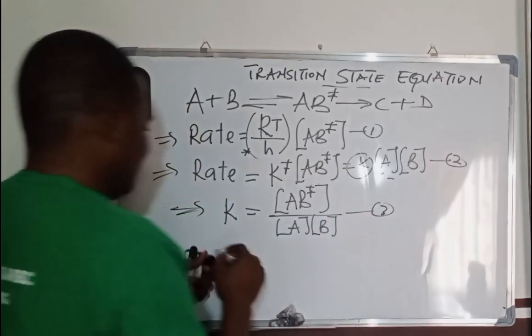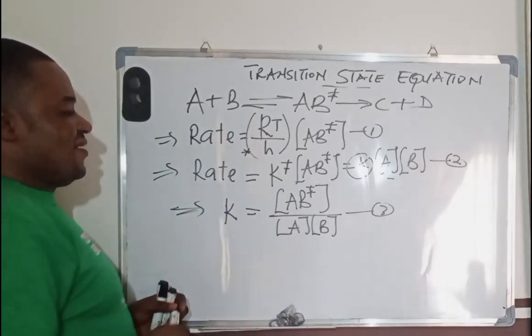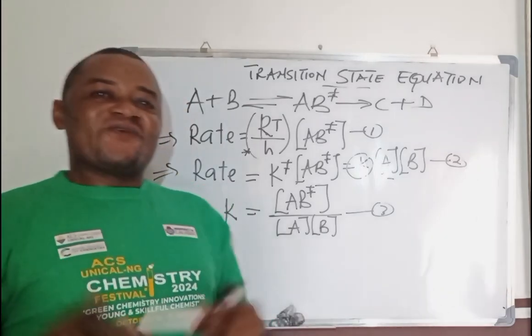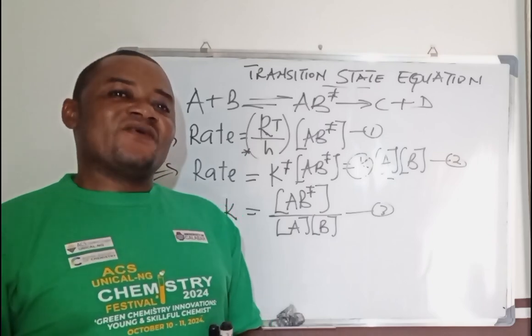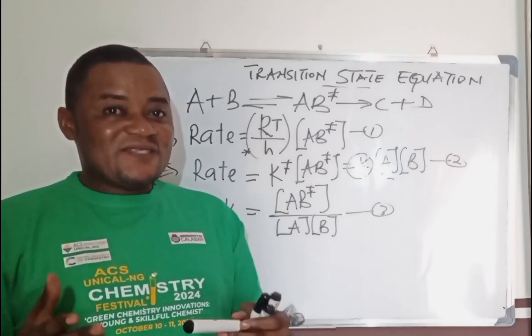Okay, this now brings us into this reality. Now I want us to understand that this is your rate constant, and usually your rate constant is calculated from your Gibbs free energy.